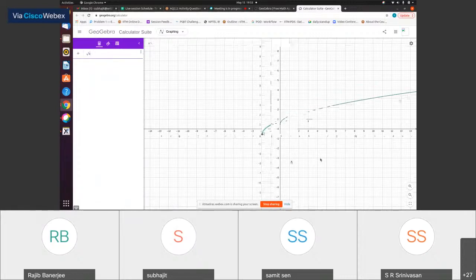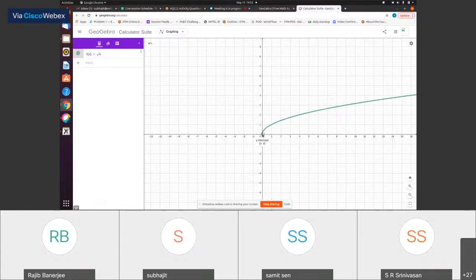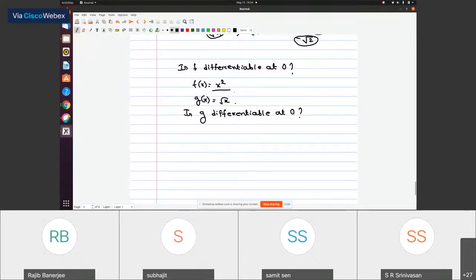You can see at x equal to 0 the tangent is basically the y-axis. So the slope is undefined, which means the derivative is undefined, so the function is not differentiable at that point. But x square is differentiable everywhere because it is a polynomial function.